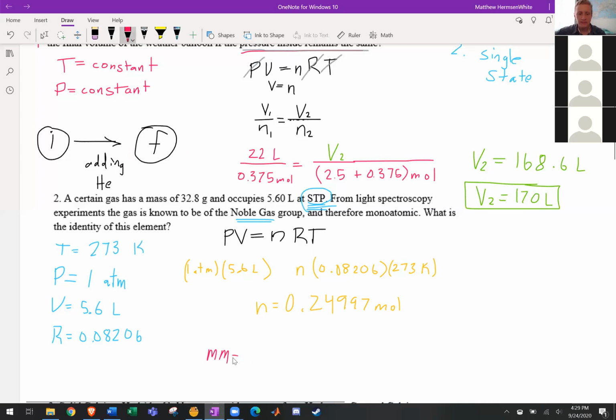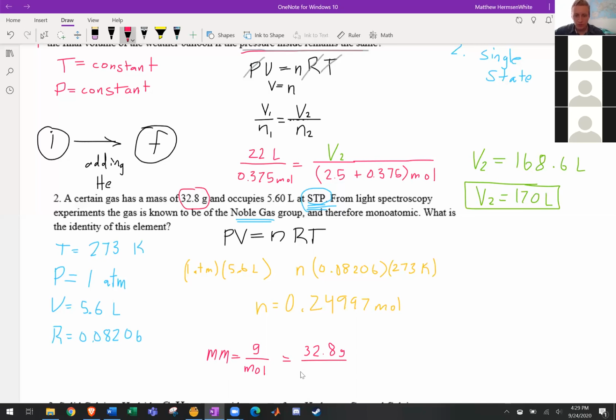So molar mass is going to be equal to grams per mole, or grams divided by moles. Now, we know both grams and we know moles, which we just calculated. So the grams we were given in the problem is 32.8 grams. That was given here in the problem.